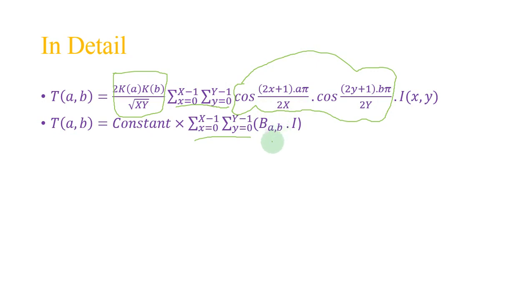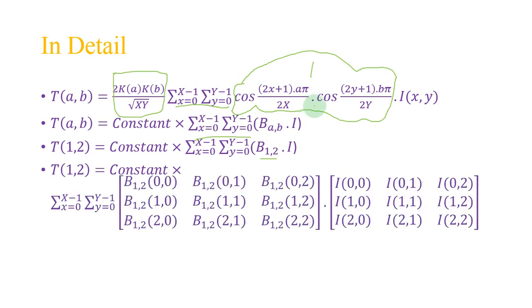So let's say we have to calculate t of 1 comma 2, so the basis matrix of 1 comma 2 will be calculated using this equation. So we will calculate a whole matrix using this equation. First of all, we will place the value of x equal to 0 and y equal to 0 and calculate this value.